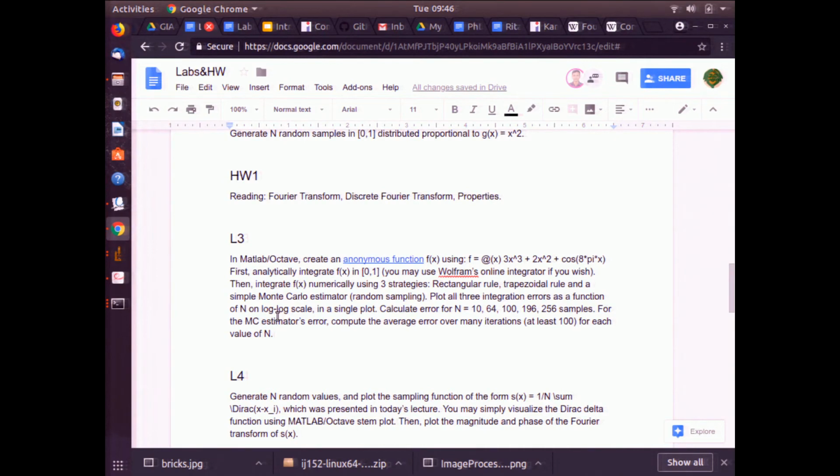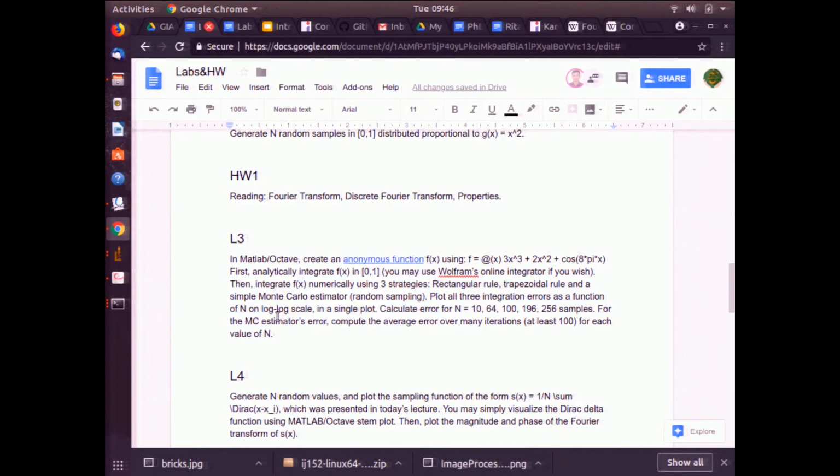So that's one, just so that you're on the same page when we do the other stuff. Obviously, it's a Monte Carlo estimator, so every time you choose n samples, you get one estimate. It's a random variable. Remember, we need expectation. So generate it k times, and I said at least 100 iterations, and then take the average.